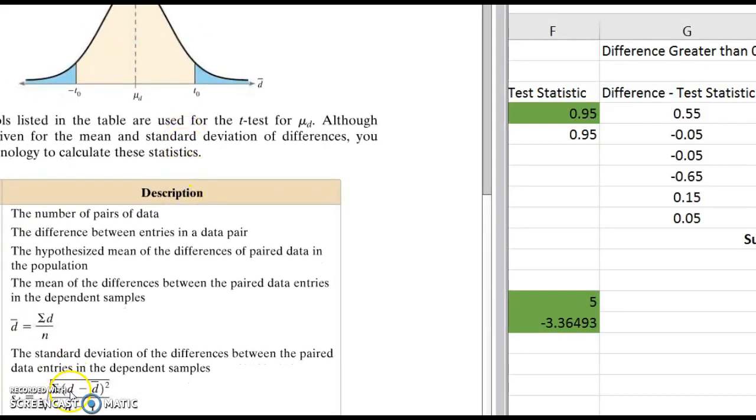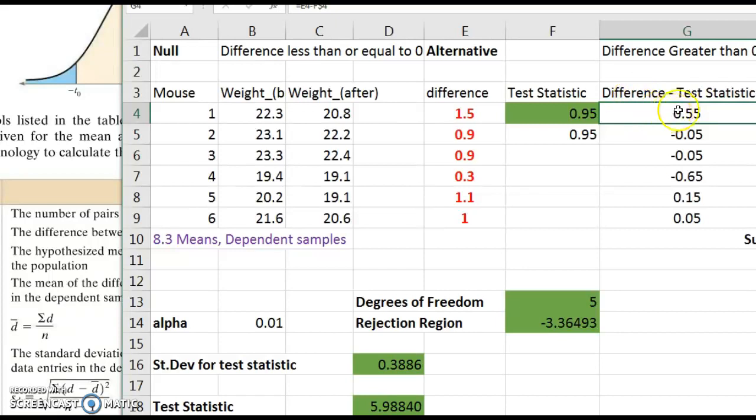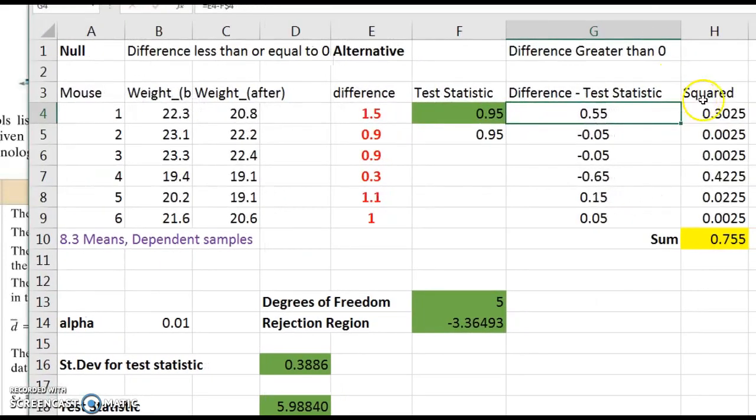I took each difference and subtracted away the average of the differences. So the difference here, subtract away the average. And then I squared all those values. Squared them all.